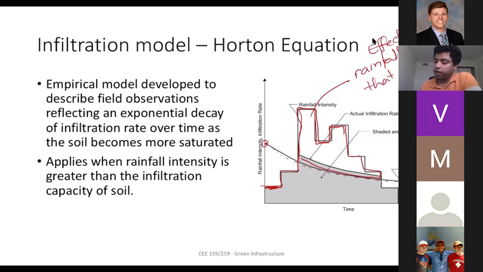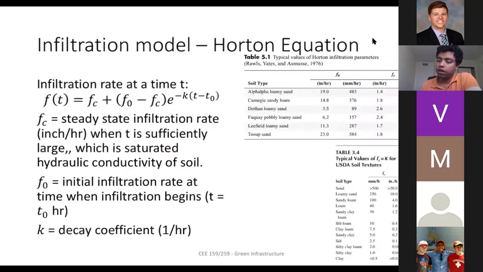Now the question is how to model this curve, how to really find this curve for different locations or different soil types. That's what the Horton equation predicts. F is the infiltration capacity. Infiltration capacity at any time can be predicted based on its saturated steady state infiltration capacity, which is the hydraulic conductivity.